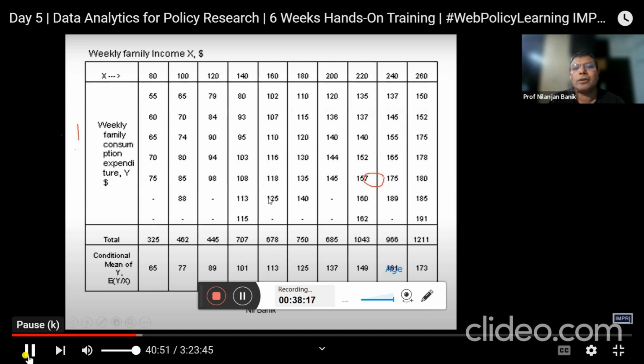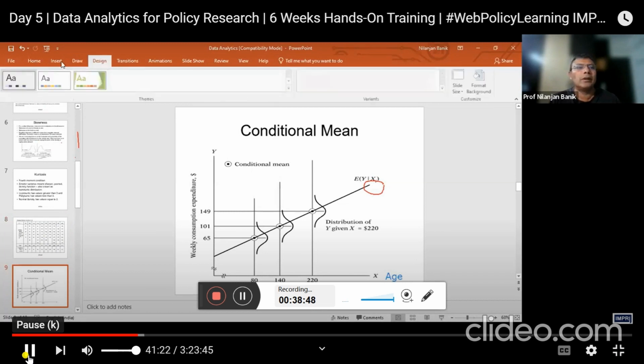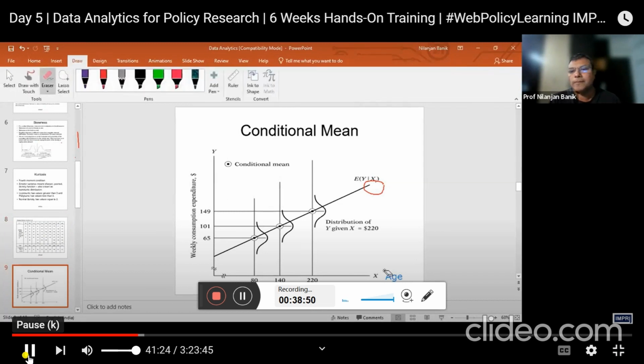Likewise, 678 over 6, you get 103. Likewise, 750 over 6, you get 125. So this is what we call the conditional mean, and the sample regression function is nothing but the drawing of the conditional mean. That is my sample regression function. That's what you get over here.